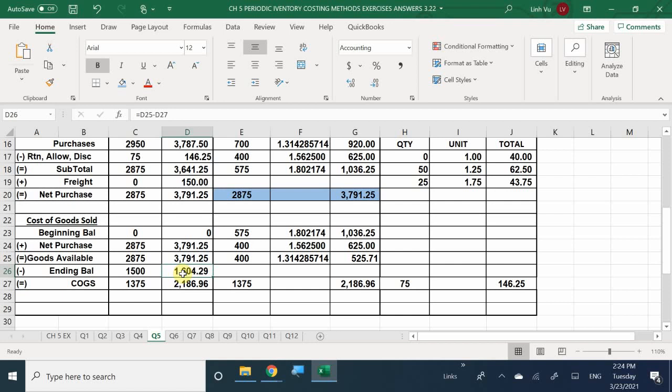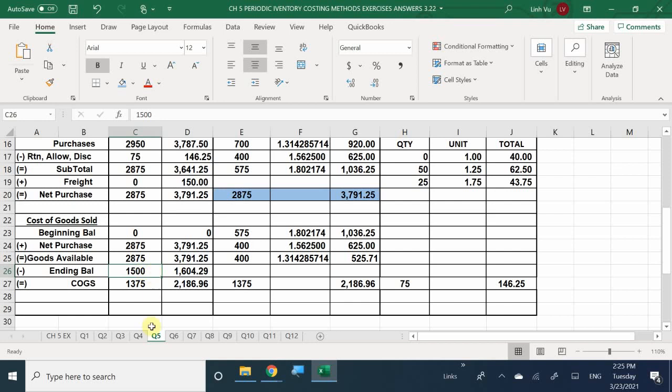I have mine opposite, and I'm not sure why. So your ending balance, how much did they tell you that was going to be in your ending inventory? Or how much did they say physical count? 1,500. Good, right? How much did you sell? I think I put my two formulas backwards. I got the exact amounts, but they're just switched around, and that's why I was trying to figure it out. So I think I got my formulas backwards.